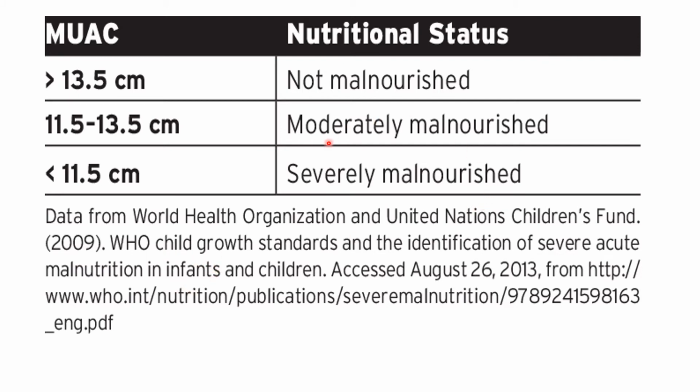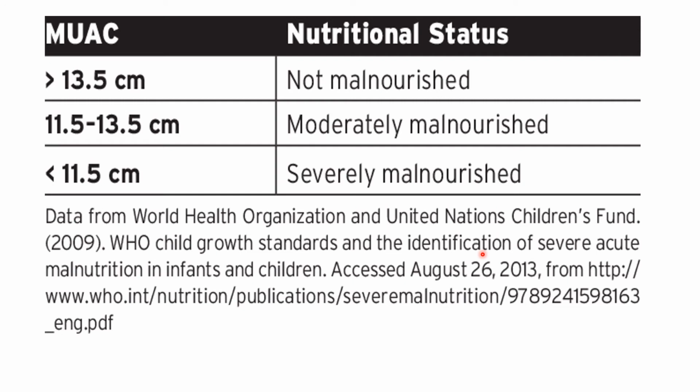We can see the child is moderately malnourished if its MUAC is 11.5 to 13.5 centimeters, and severely malnourished children will have a mid upper arm circumference less than 11.5 centimeters. This is not only for 5-year-old children.